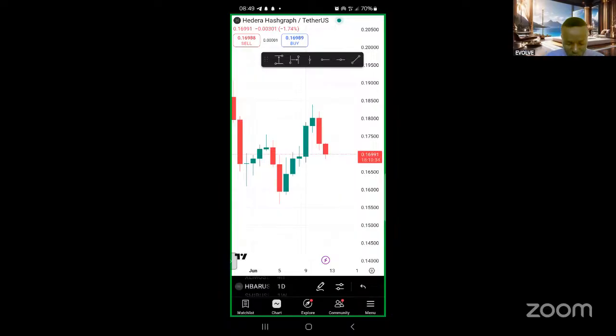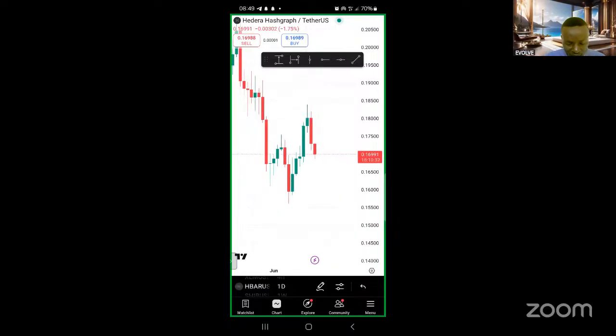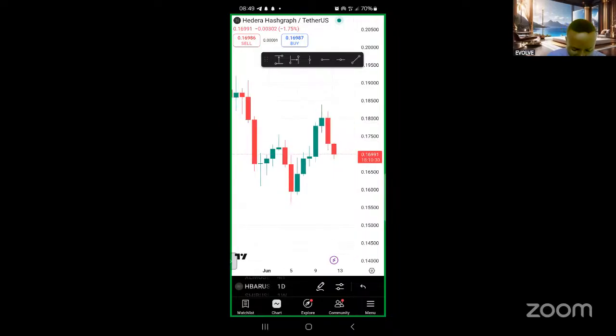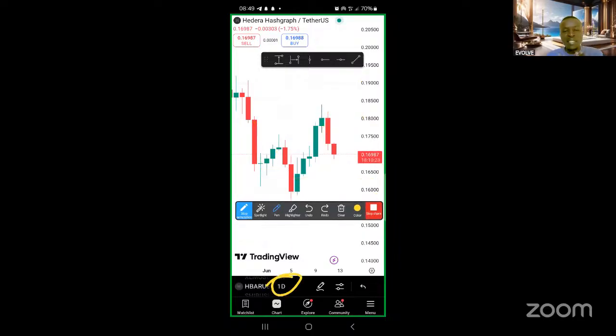This is the logic of these candles. Every candle here took 1 day, because I'm looking at the market in 1 day interval. It was a whole day, a 24-hour trading session, with people buying and selling. Then they finally say, according to the data, there were more buyers today compared to sellers.